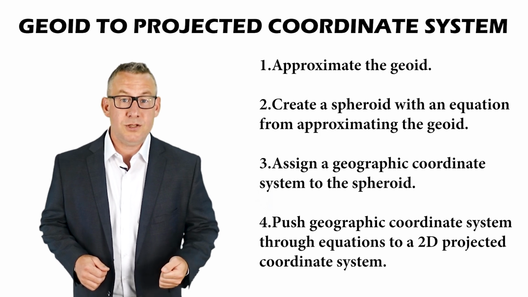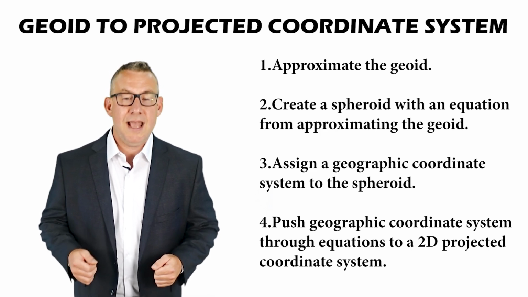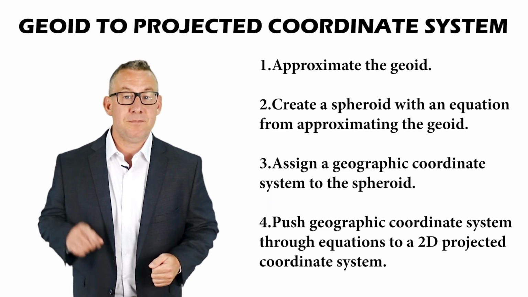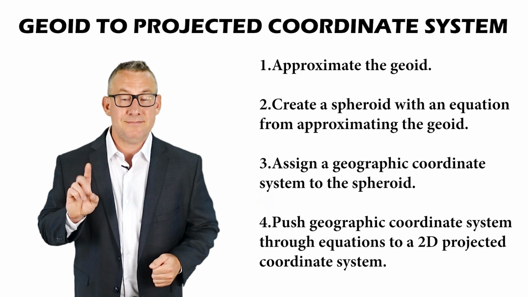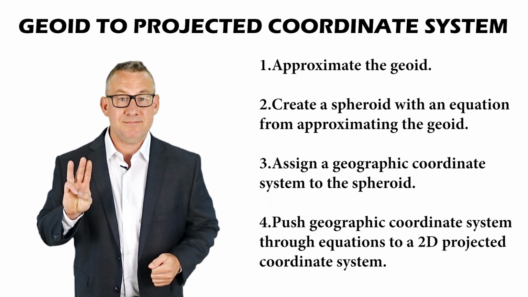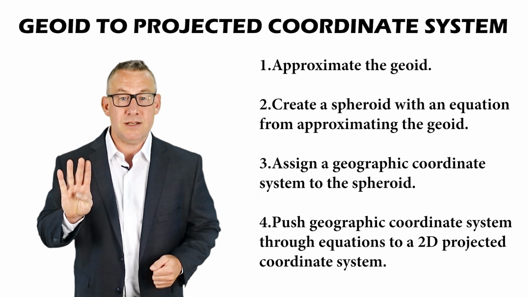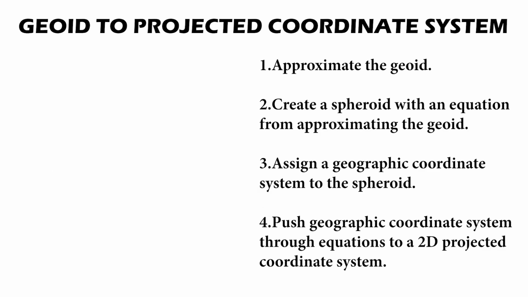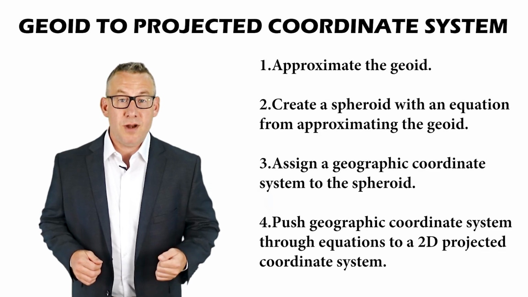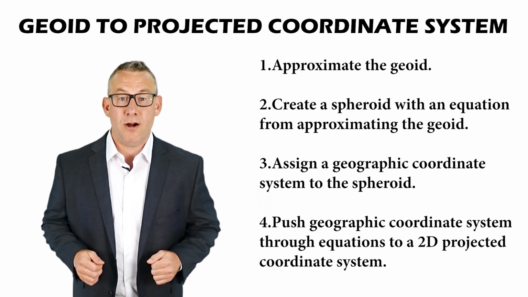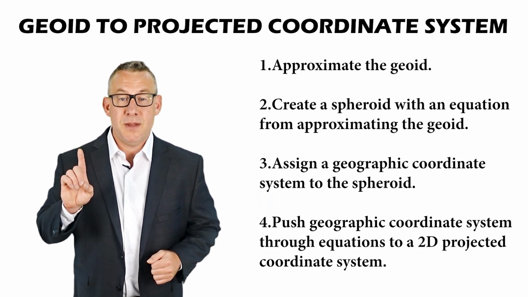Converting a geoid to a projected coordinate system is a 4-step process. The 4 steps are geoid, spheroid, geographic coordinate system, projected Cartesian coordinate system. To rephrase, the 4 steps in converting a geoid to a projected coordinate system are: first, approximate the geoid.